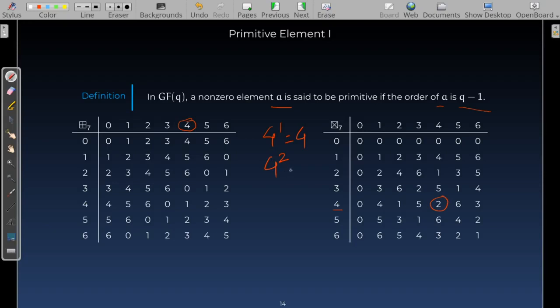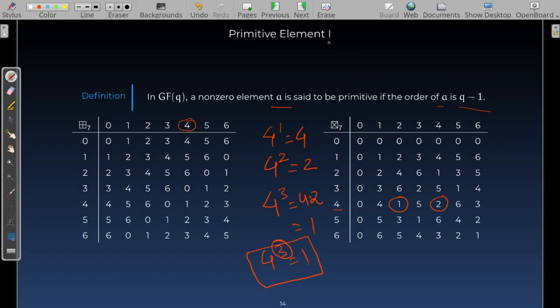Then 4 cubed is 4 times 4 squared, or 4 times 2, which is 1. So 4 cubed is equal to 1, and the order of this element 4 is 3, but it is not a primitive element because 3 is not equal to q minus 1. Here q is 7. If this was equal to 6, then it would be a primitive element.